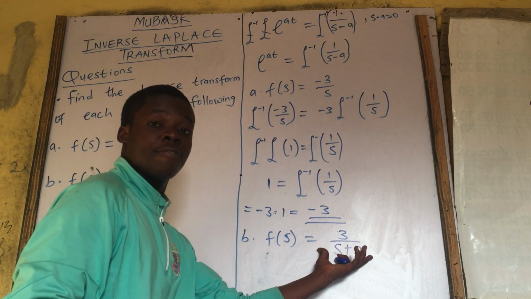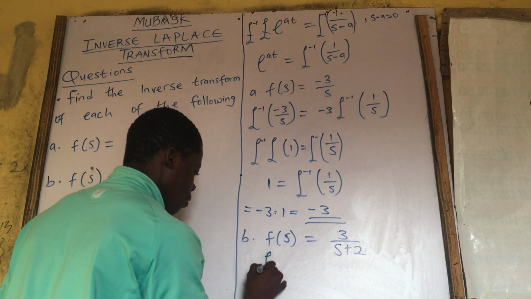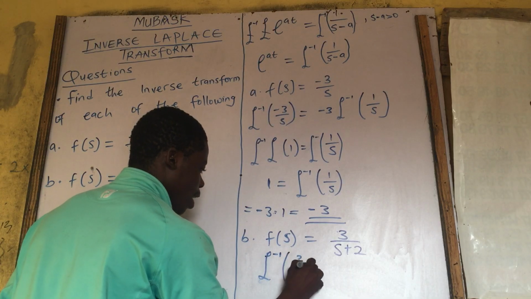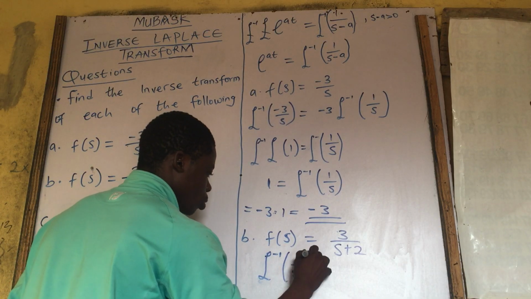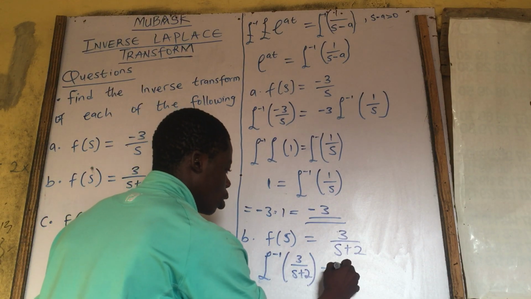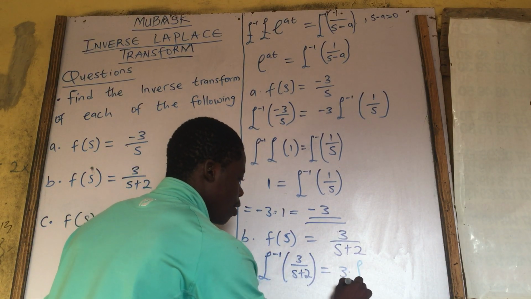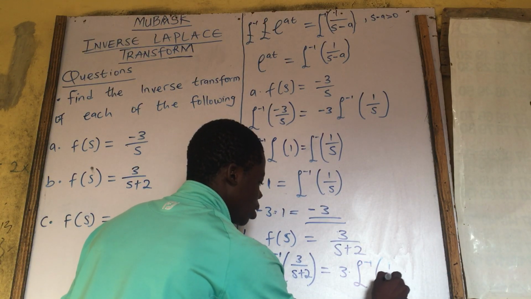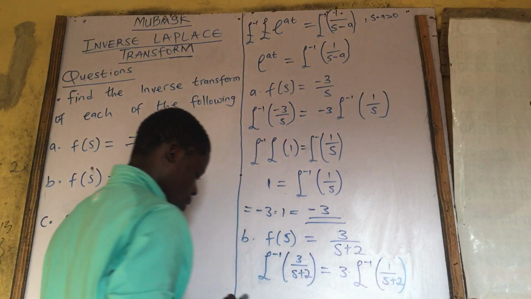We are looking for the inverse of this. So the inverse Laplace is denoted as the inverse Laplace of 3 divided by x plus 2. Let us factorize this 3 out, equal to 3 multiplied by the inverse Laplace of 1 divided by x plus 2.